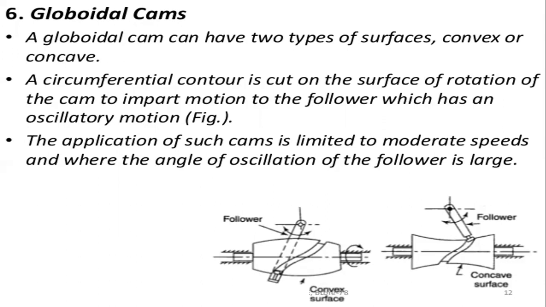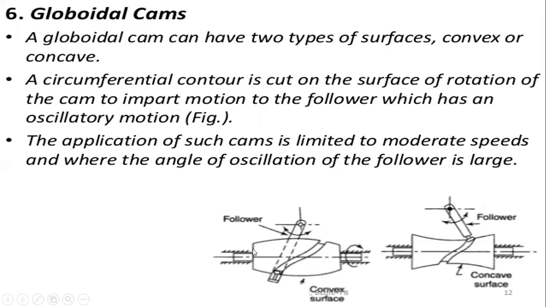So there are two pictures in this slide. First one is the convex surface and second one is the concave surface. In the convex surface, you can see the surface which is mounted on the follower.